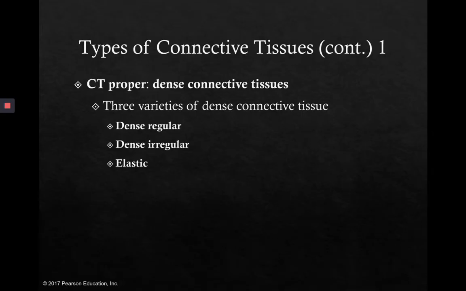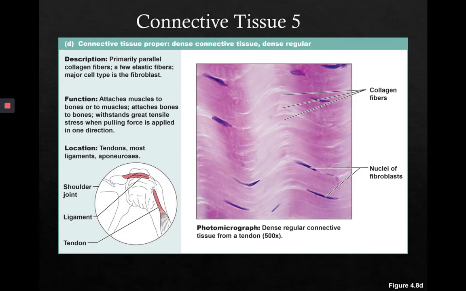And next we're going to be looking at the dense connective tissues: dense regular, dense irregular, and elastic. Dense regular has parallel collagen fibers that are very closely packed together and can be found in tendons, ligaments, and aponeuroses.